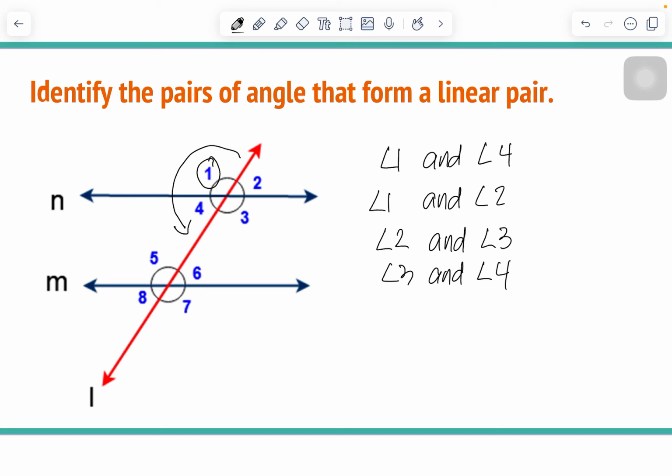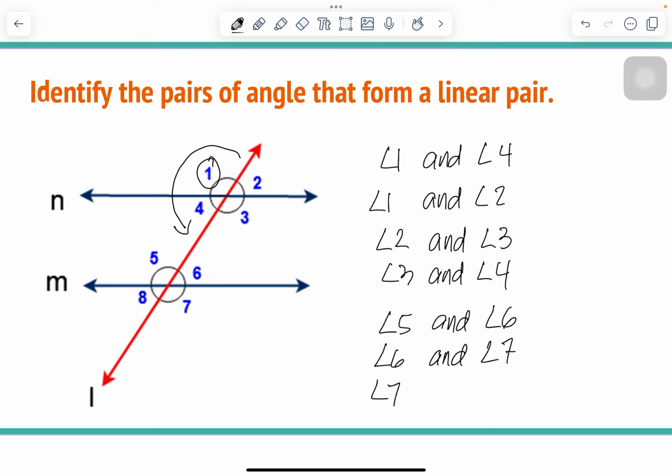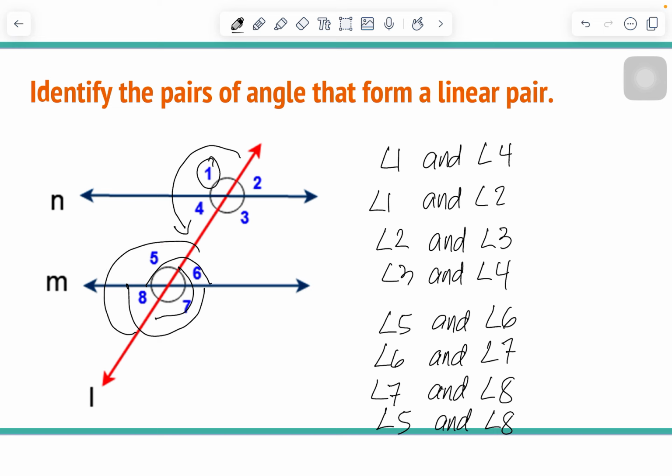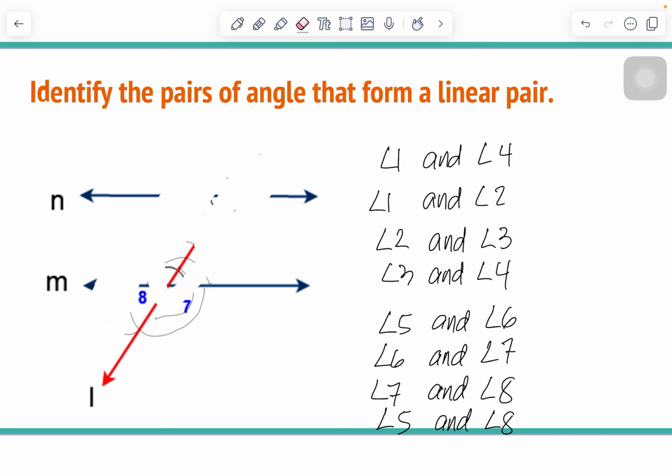You can also have angle 5 and angle 6, angle 6 and angle 7, angle 7 and angle 8, and angle 5 and angle 8. Those are forming a line, or these are what we call the linear pair.